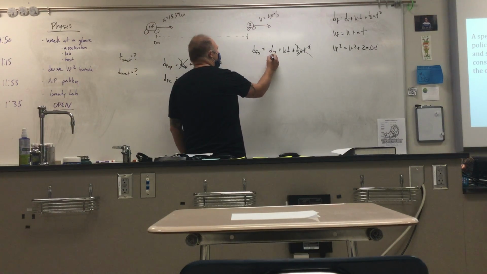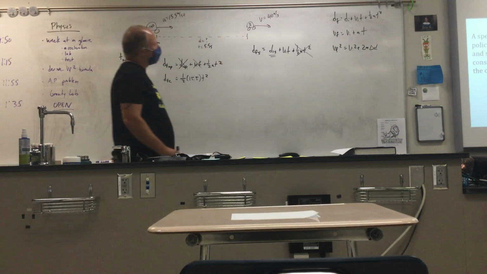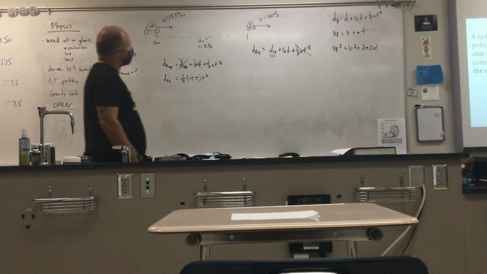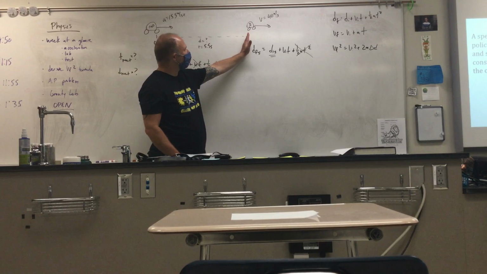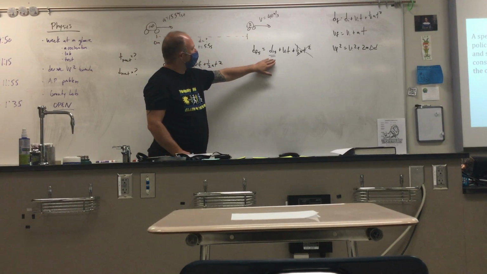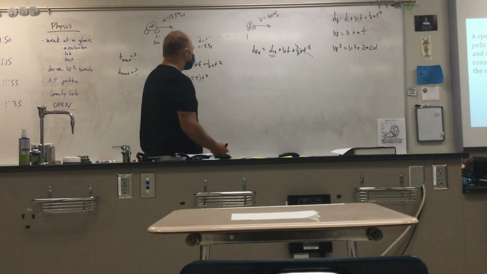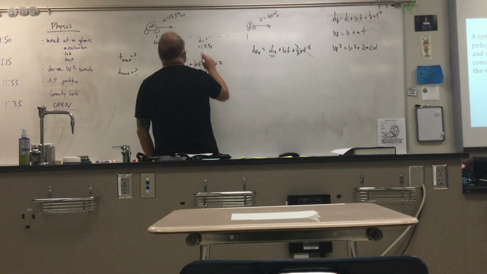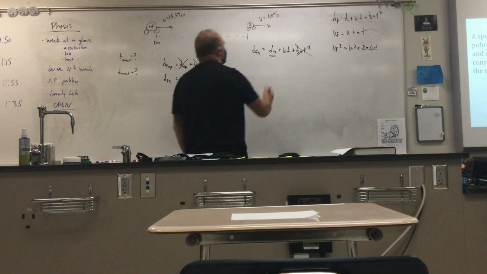We do have to be careful because the speeder had a head start of 5.5 seconds, so they have an initial position. We don't know what that is right off the top of our head, but let's figure that out real quick. What is this distance here?